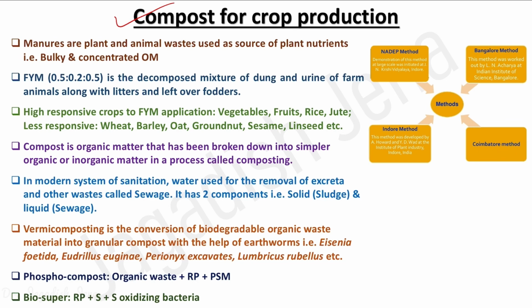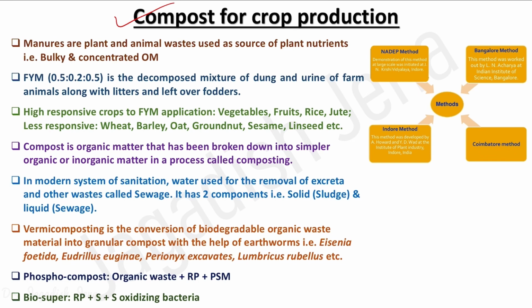Okay, then something called compost, where we use the manure as well as organic residue, and we leave that in a sealed pit, or it may be an open pit, and leave it as such for its decomposition up to 3-4 months.